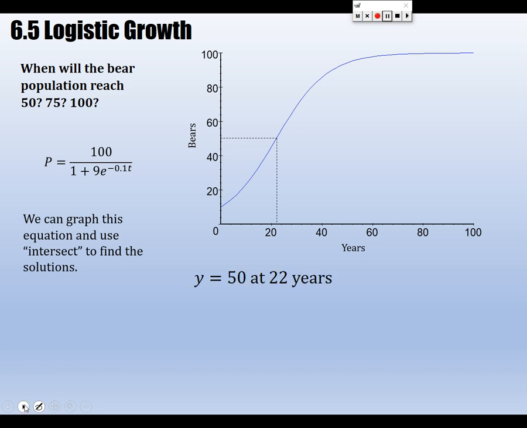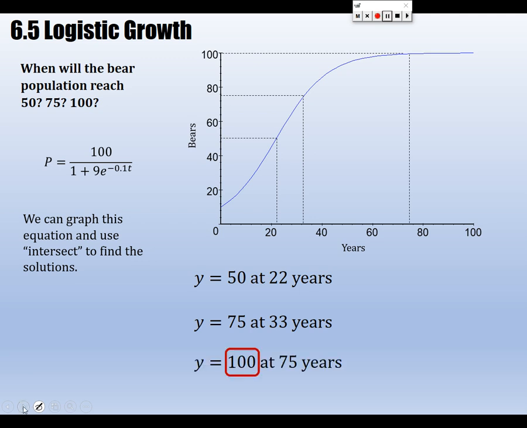So did you get 22 years approximately for 50? And for 75, around 33 years. And for 100, theoretically you might say, initially before actually doing it, I think your calculator may even give you a solution if you try 100.